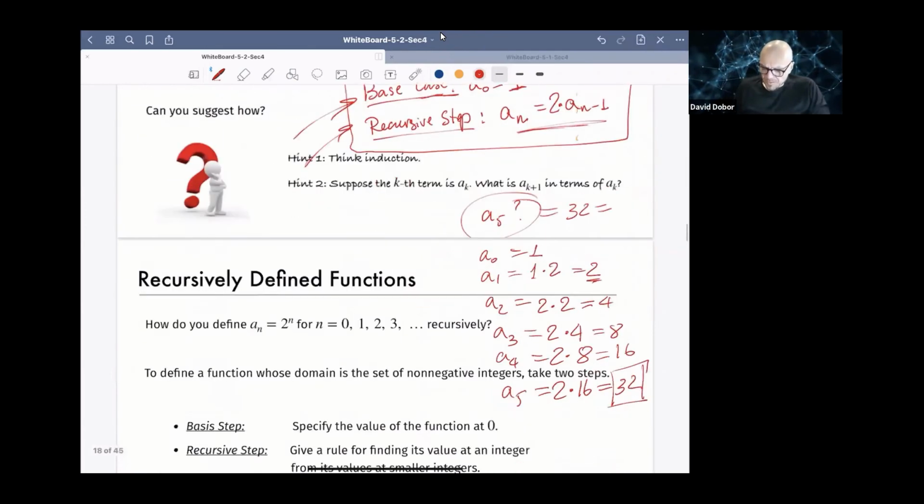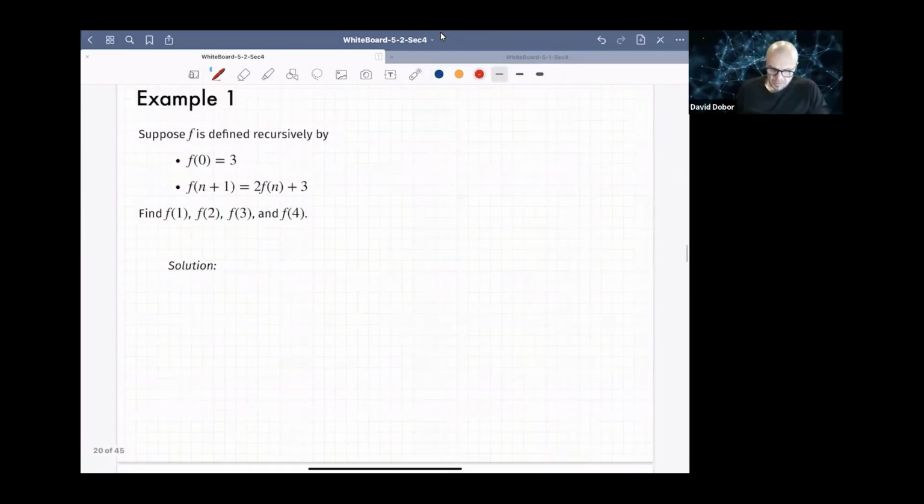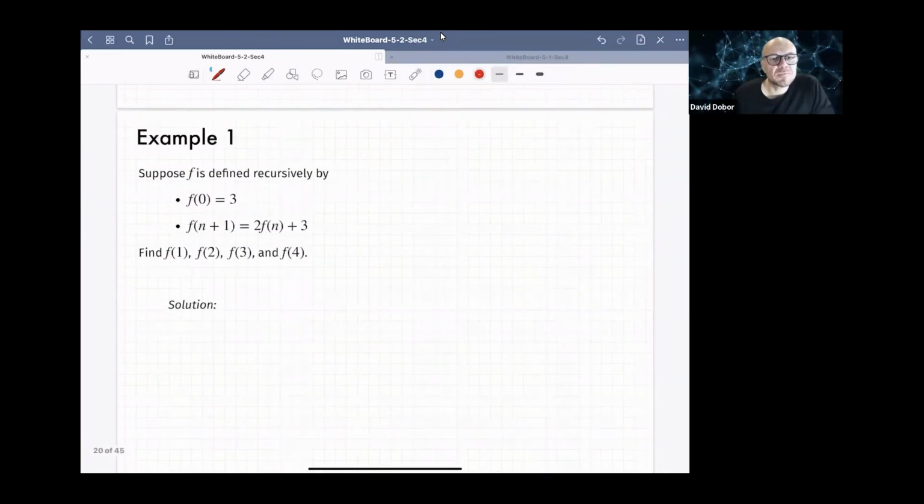Let's give one quick example of a recursively defined function. So 2 to the n was one. So here's a function that's recursively defined. How? The basis step tells me that at 0, this function is going to be 3. I don't know what this function is going to be at f of 3, but I can compute it because f itself, the function, I wasn't given a graph of it or anything like that in calculus.